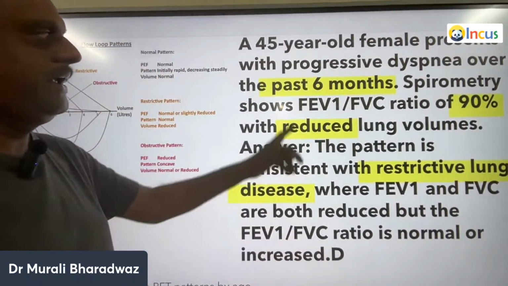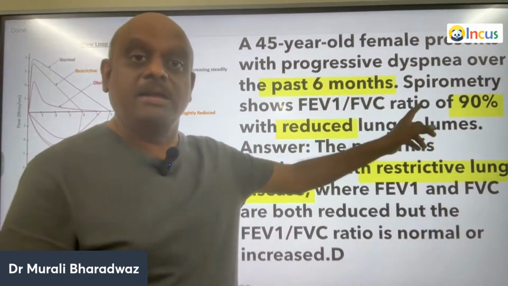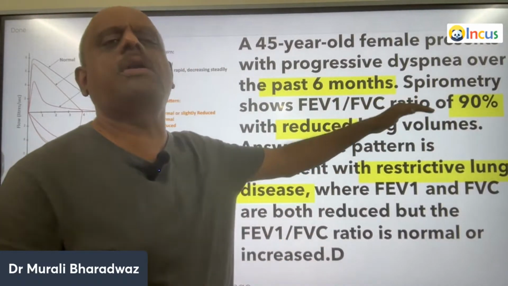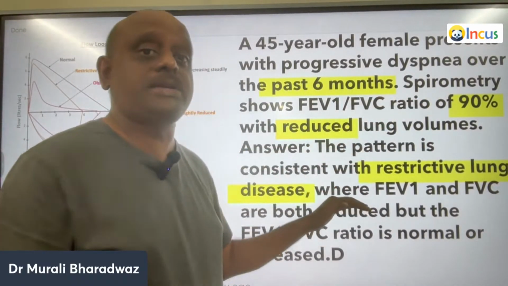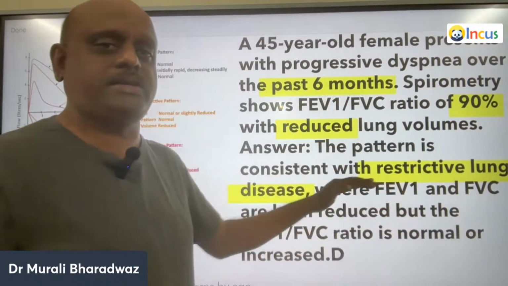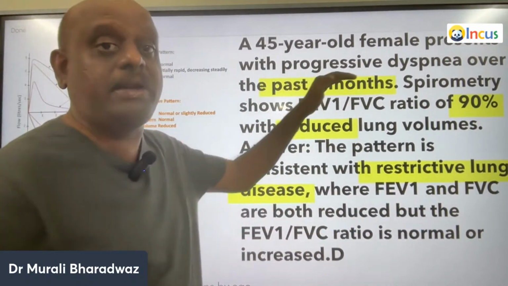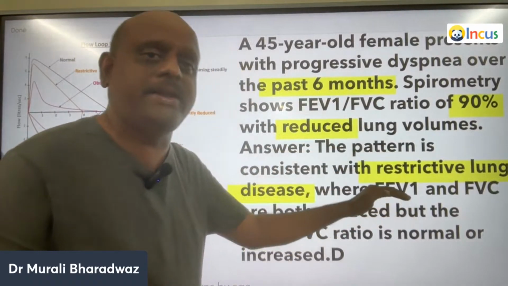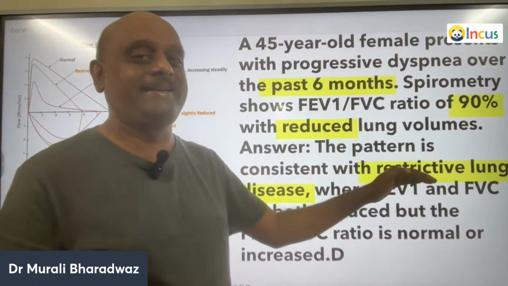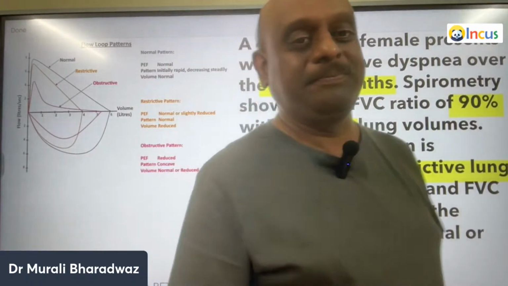So if the FEV1 by FVC ratio is not significantly decreased but almost normal, that is very classical of restrictive lung disease, because in restrictive lung disease, both the FEV1 and FVC are equally decreased. That's the reason as a ratio, it is almost normal, is what you have to remember.